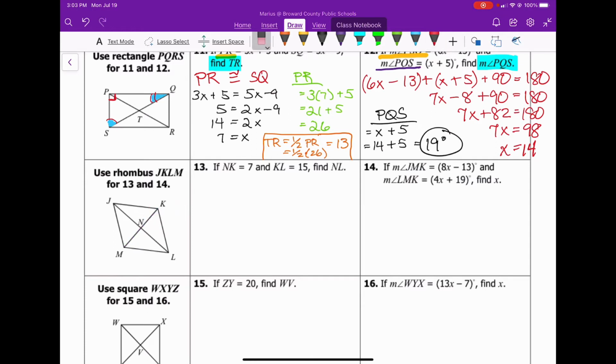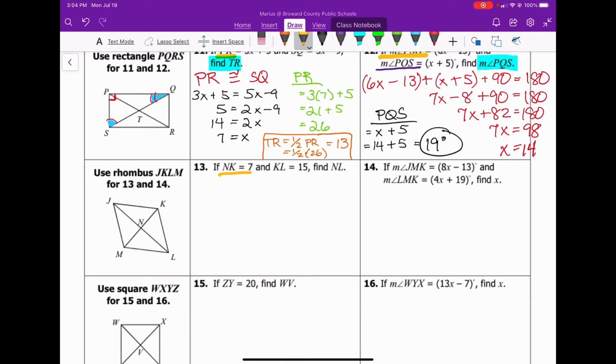And vice versa, if we're looking at this yellow diagonal, JL, and we looked at angle L might be 60 degrees, then these two resulting angles would have to be 30 degrees, okay? So a bisector simply cuts something in half, whether it's a segment or an angle. All right, so now that we've discussed those things, let's go ahead and take a look at number 13.